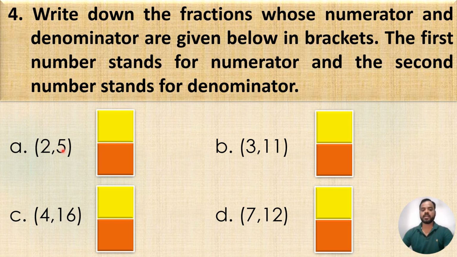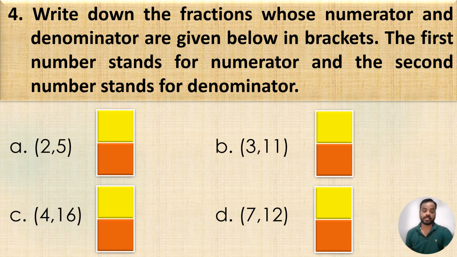So we have to write the fraction. In bit A, it is given 2, 5 in brackets. The first one is the numerator, so it should go here, and the second one is the denominator, it should go here.